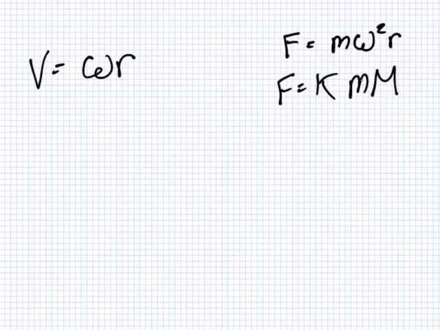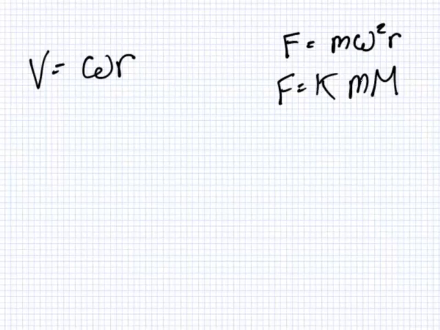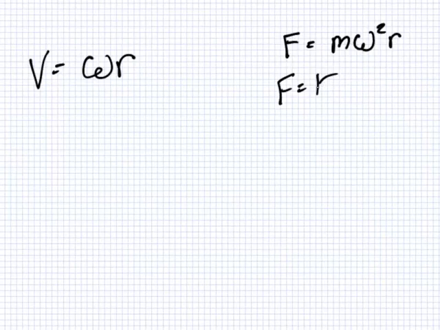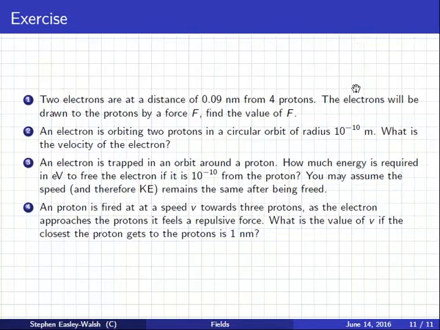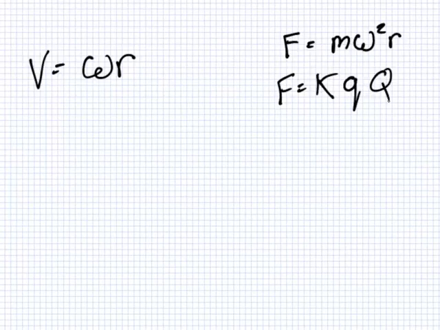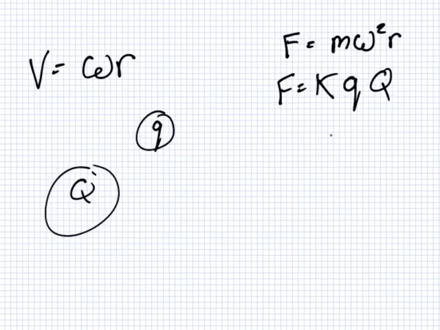Q q over r squared. The small q can be for the electron, and the big Q can be for the 2 protons. All over r squared.